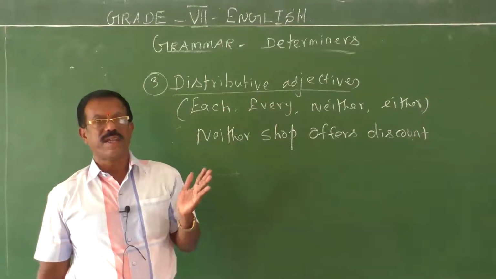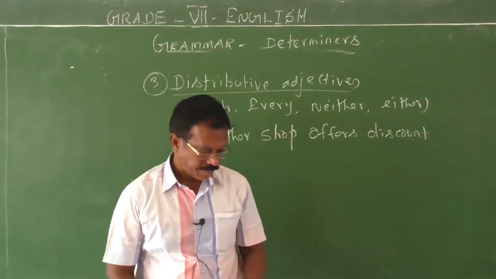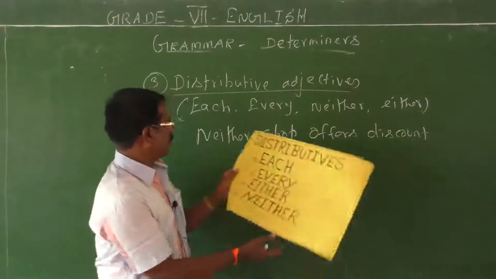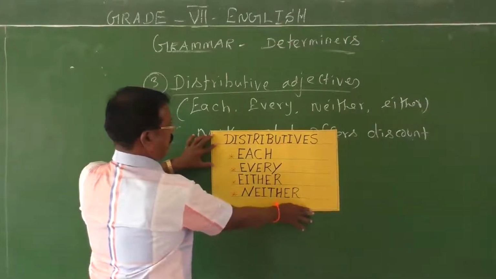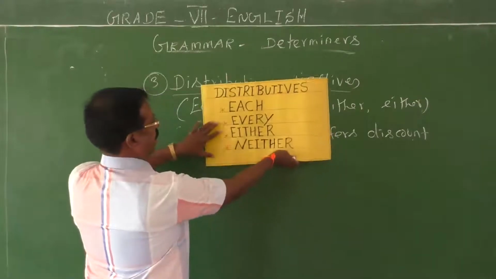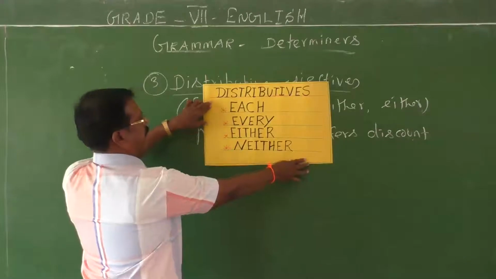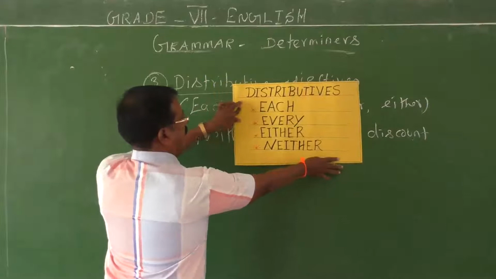Therefore they function as determiners. See, these distributives: each, every, either and neither. So they are called distributives.